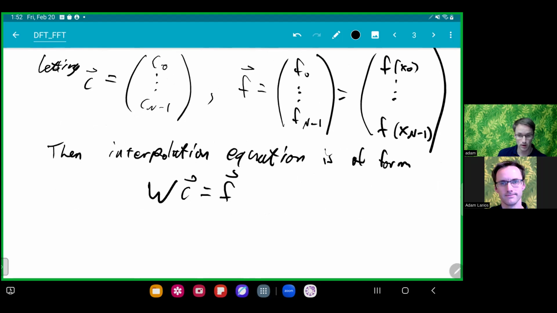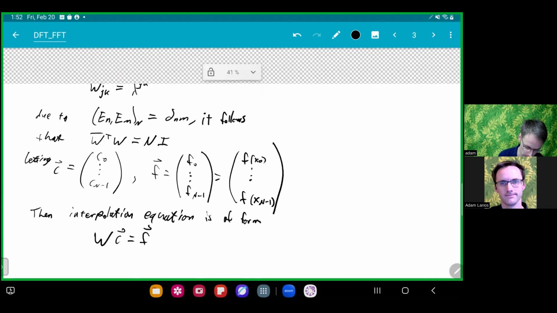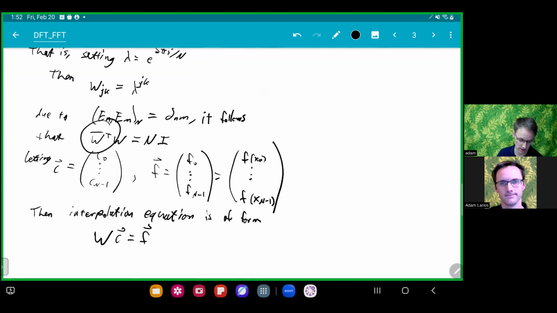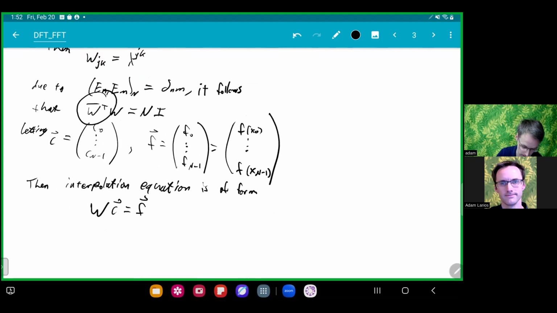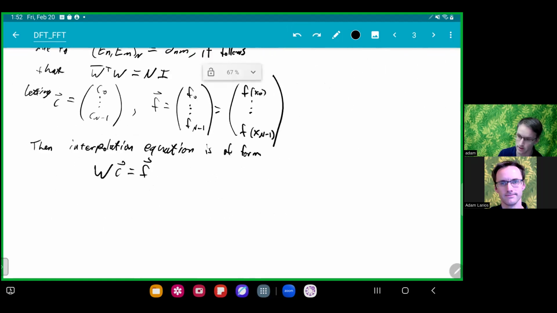So the first thing we can notice is that if we can just invert this matrix, we'll be able to solve for C. But we've seen above that W conjugate transpose times W with matrix multiplication gives us the identity. So we effectively have the inverse sitting right there for us.